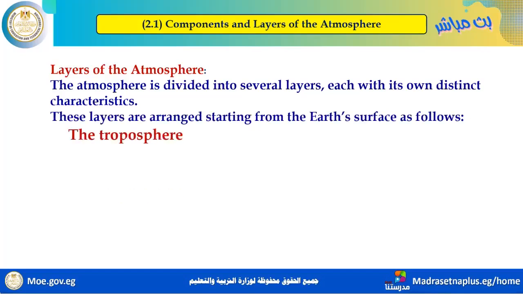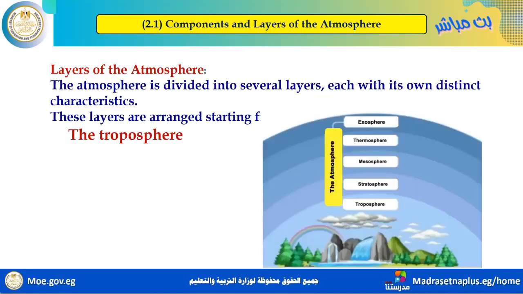Number one, troposphere. Tropo, two, strato, meso, thermo, exo. Can you concentrate on this photo? You will find the tropo is the first, then strato, mesosphere, thermosphere, exosphere. The word sphere is common, so you say tropo, strato, meso, thermo, exo, and end with sphere.